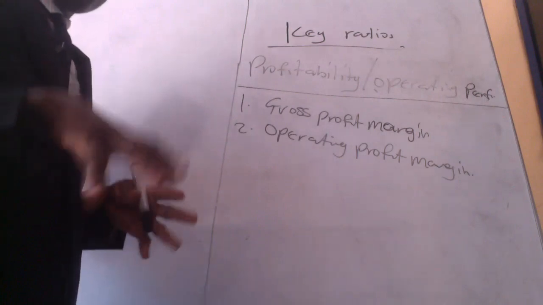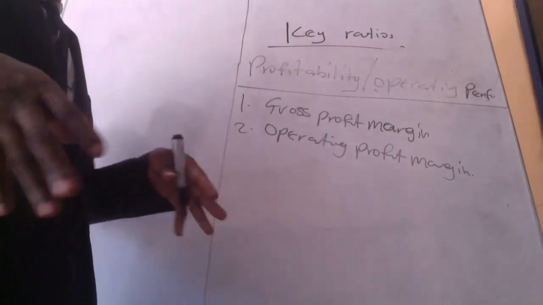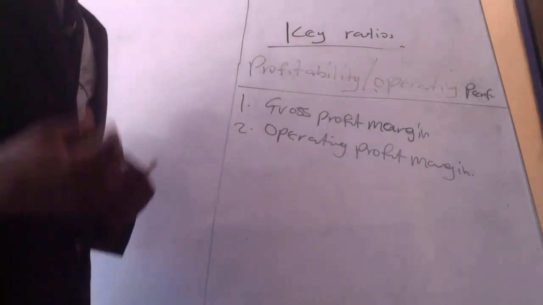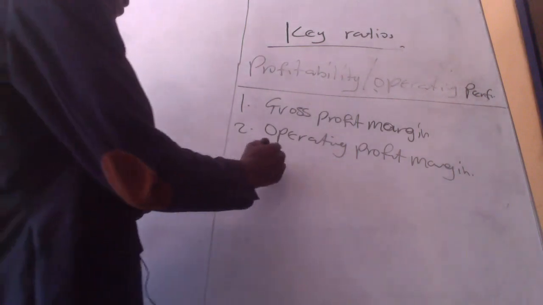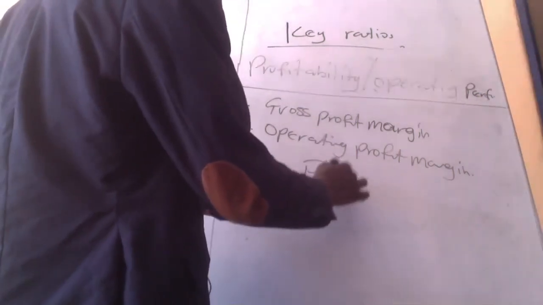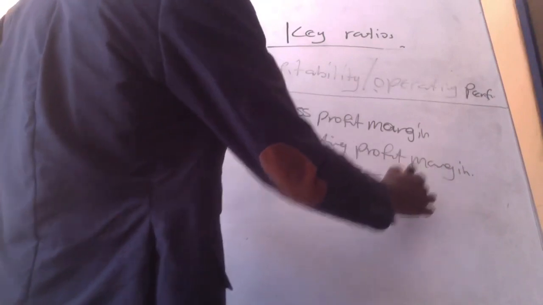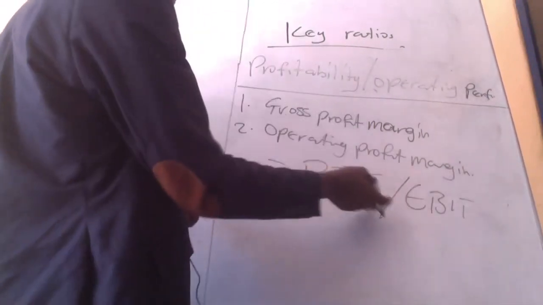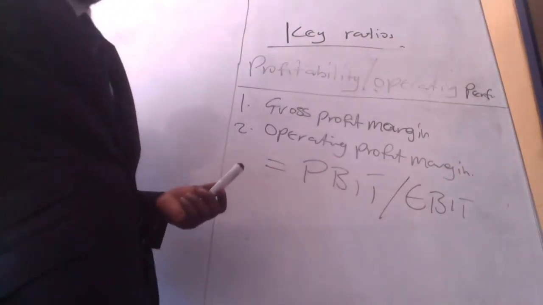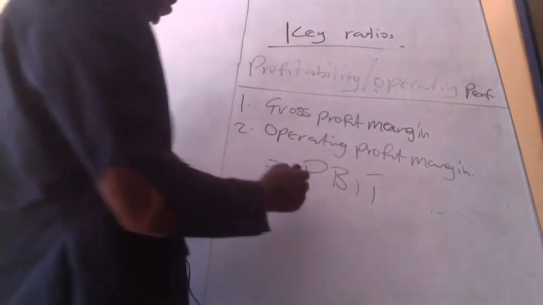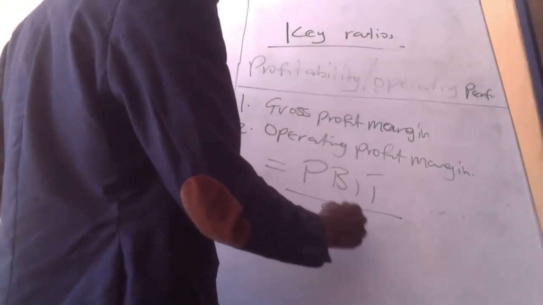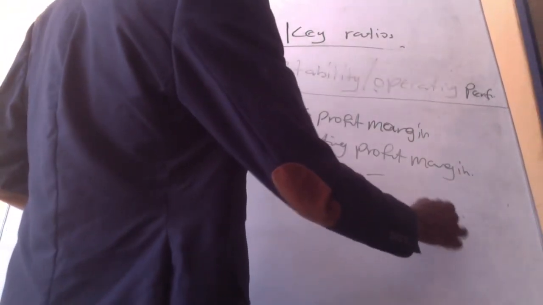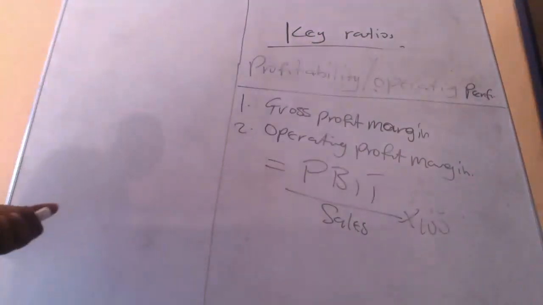You have the operating profit and profit before interest and tax. All of them are operating profit, but we like the profit before interest and tax. So take note, it will be the profit before interest and tax, which is the same as earnings before interest and tax. They are the same basically. So take note for me, earnings before interest and tax. All divided by sales, because margin times what? 100. Sales revenue. So that's the margin.